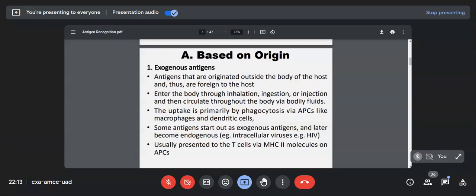When they form that phagolysosome, that molecule will be metabolized more, and after it has been metabolized more, it will be expressed outside the structure of that macrophage. And when that metabolized antigen has been expressed on the structure of that macrophage, the macrophage can now go to the T cells to present that particular metabolized antigen as evidence to the T cells, saying this is the antigen I've caught.